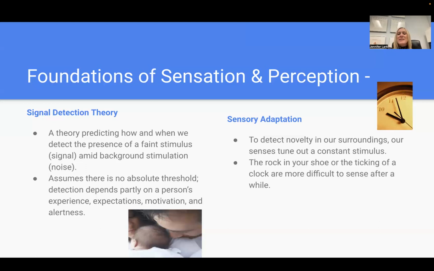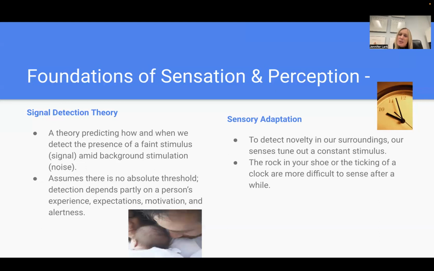Okay. Sensory adaptation is one more term that we want to look at related to these foundational principles of sensation and perception. And the idea behind sensory adaptation is that to detect new things in our surroundings, which is adaptive for us as human beings, our senses are programmed to eventually tune out a constant stimulus.